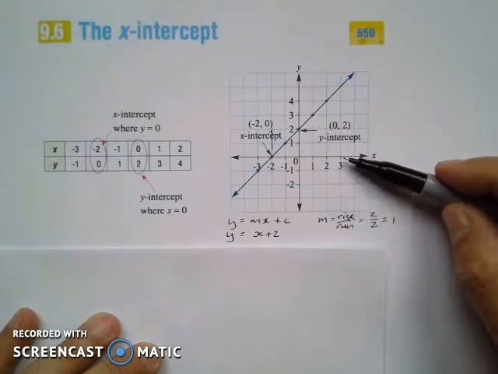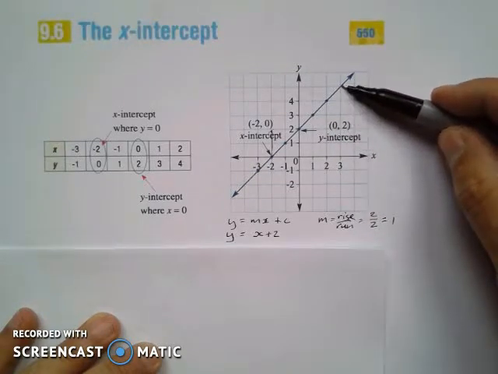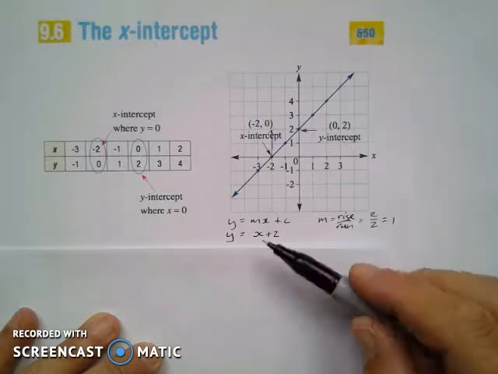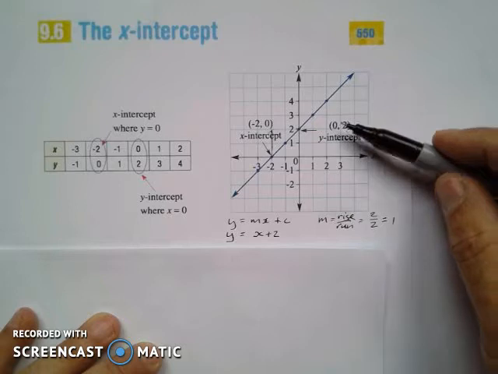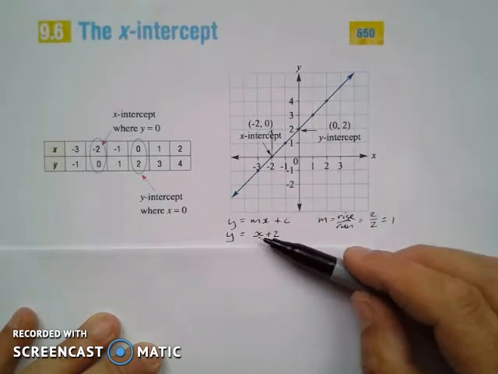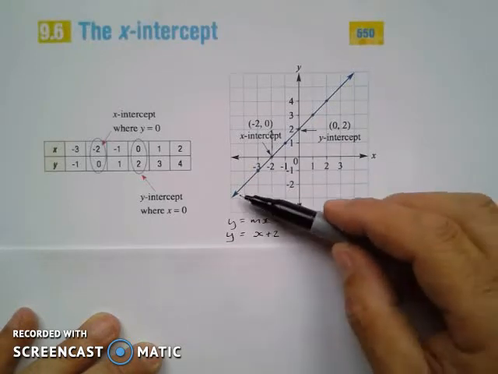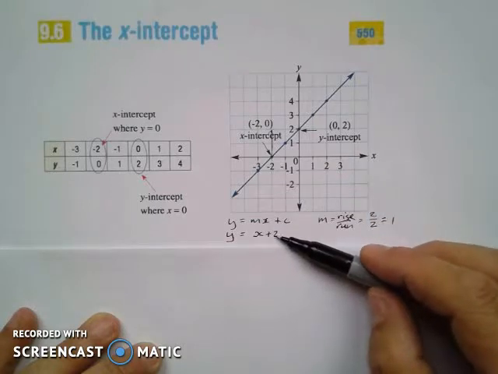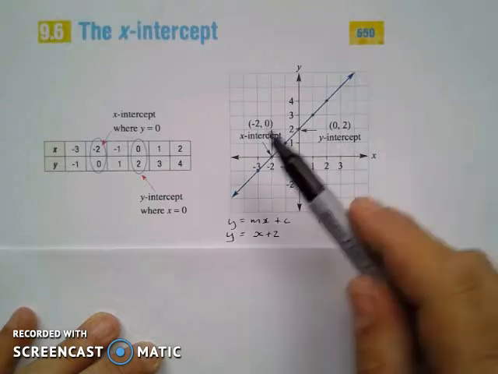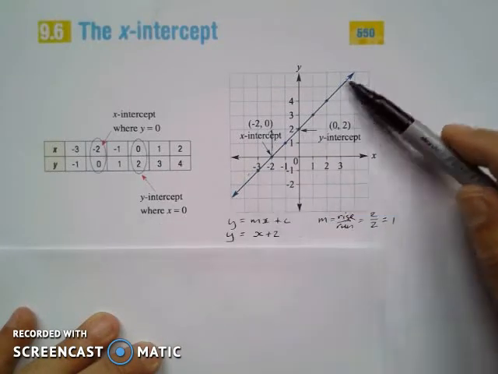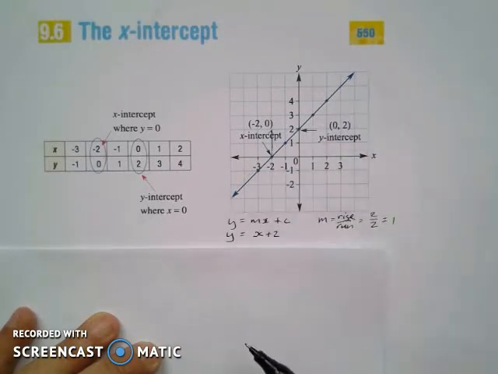When x is 3, y equals 5, because 3 plus 2 is 5. So the graph gives me all possible answers for this equation. A table just helps me to draw this graph. It doesn't give you all the answers, but it gives you a guide.